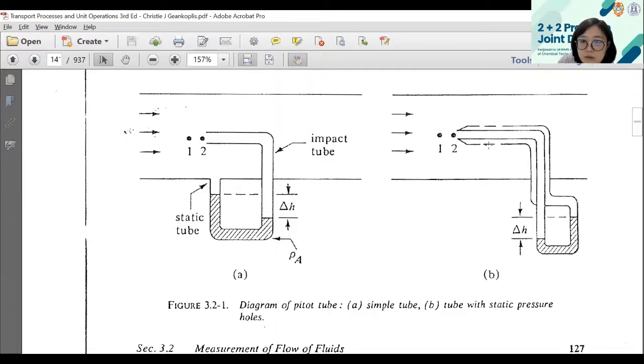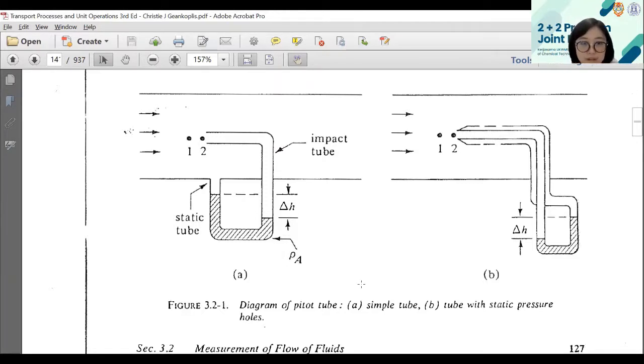There is an opening on the outer part of the impact tube, but it is only to release the liquid from the static tube. As you can see here, there is no opening there. The opening is only on the outer part, to release the remaining liquid retained in the static tube.